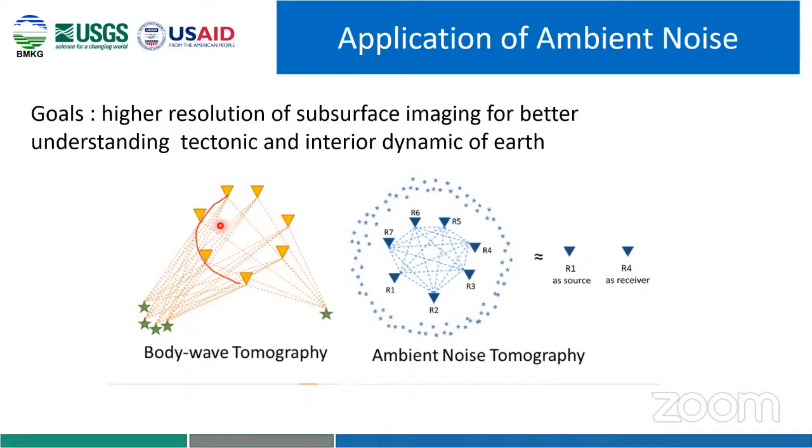Let's say these stations are inland on Java Island. If we use body wave tomography, we are only able to extract data in the area between the Java Trench and Java Island, while with ambient noise tomography, we can get subsurface imaging within Java Island itself.